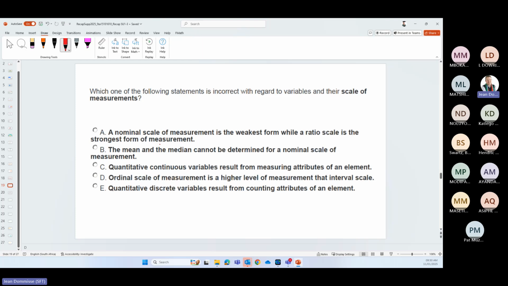Then the scale one, that is also important. That is nearly the third component of study unit one. Again, they ask incorrect. So as always, be on the lookout for when it is incorrect and when it is asked correct.